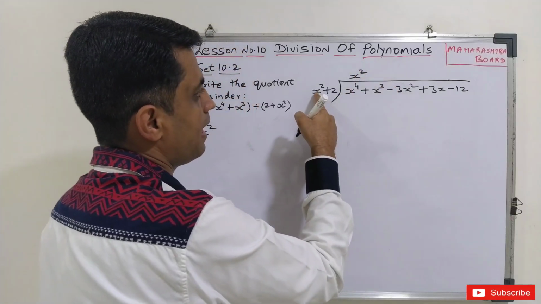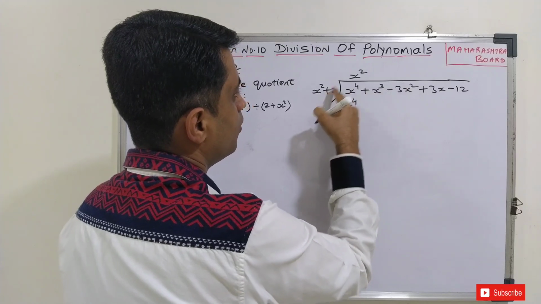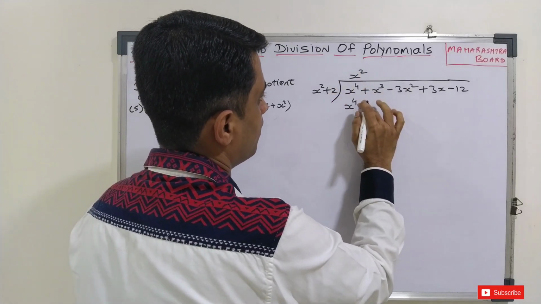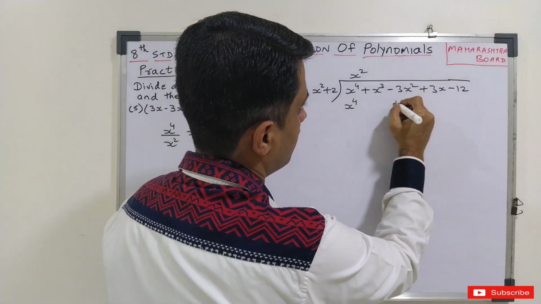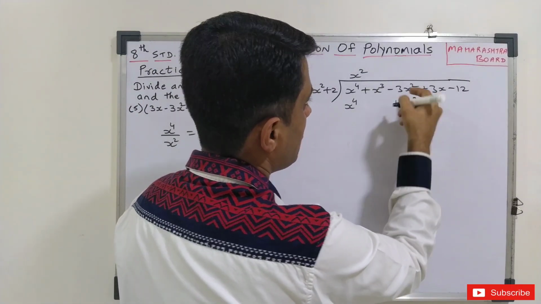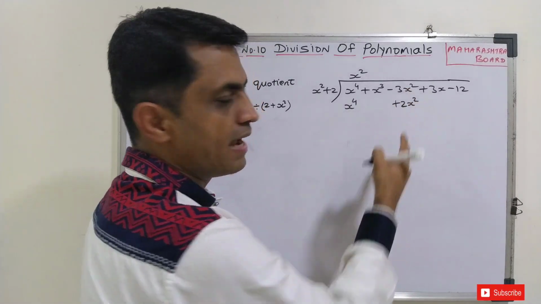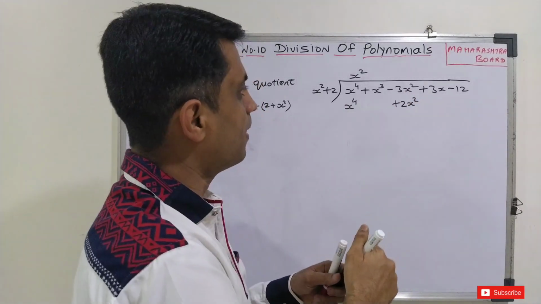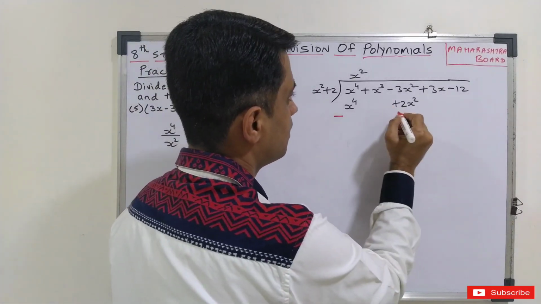Now student, multiply x square into x square, x raised to 4. 2 into x square is plus 2x square, so plus 2x square will come here. Like terms below like terms, because x square will come below x square. Don't worry about cube. Now here it will come minus.